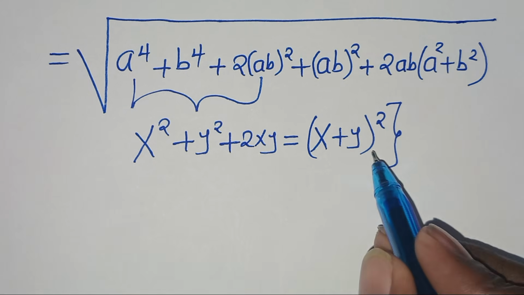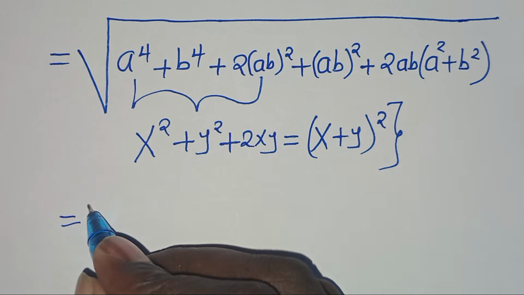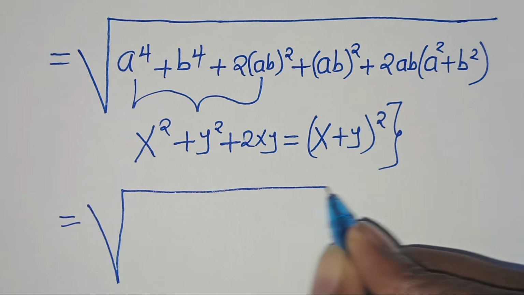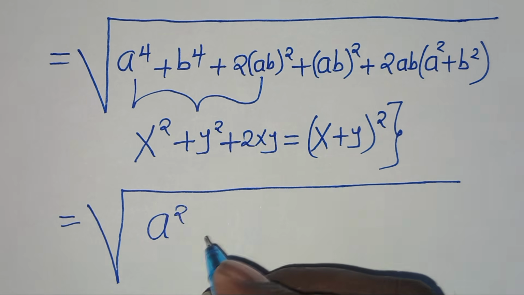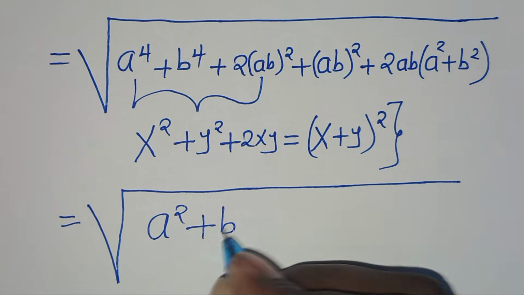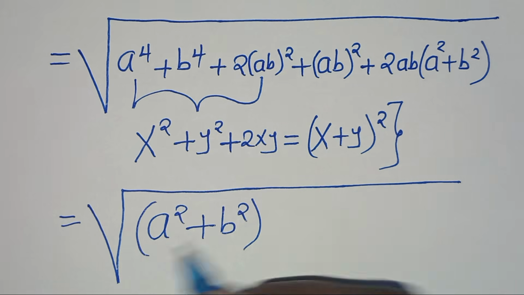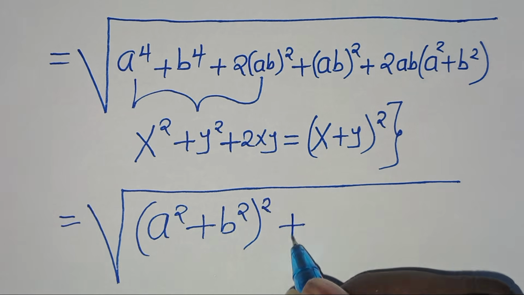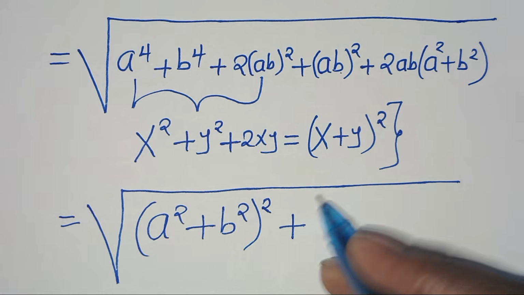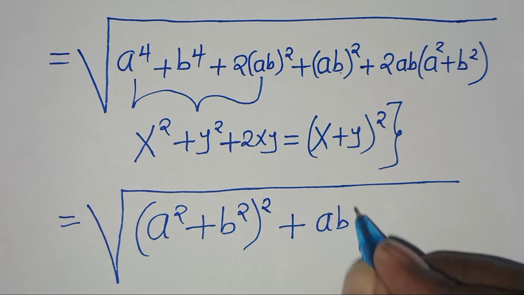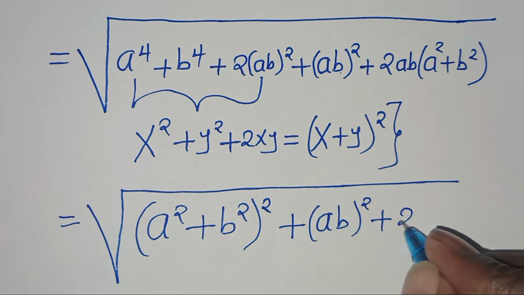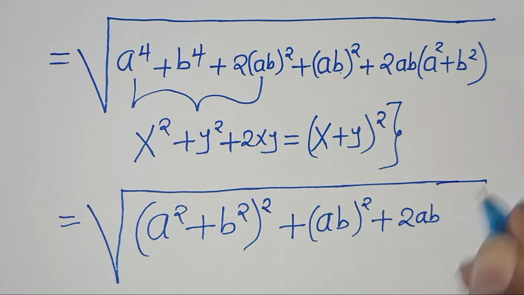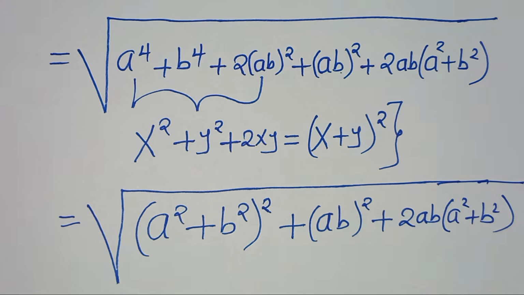Applying this algebraic identity, we have the square root of a squared plus b squared, the whole raised to the power of 2, then plus ab raised to the power of 2, then plus 2ab times a squared plus b squared.